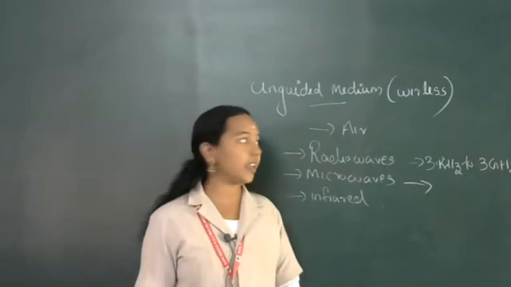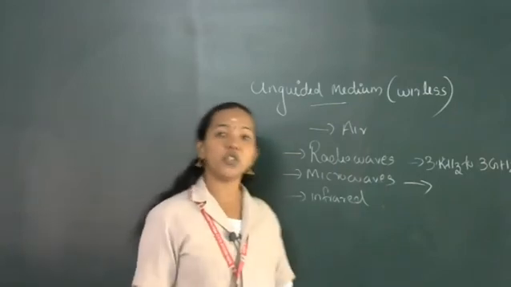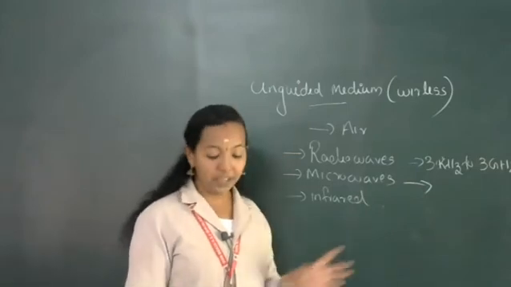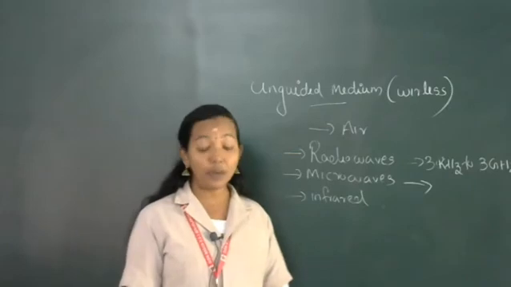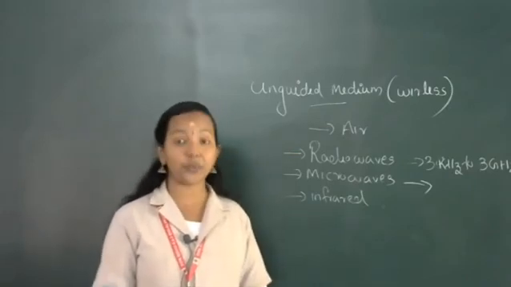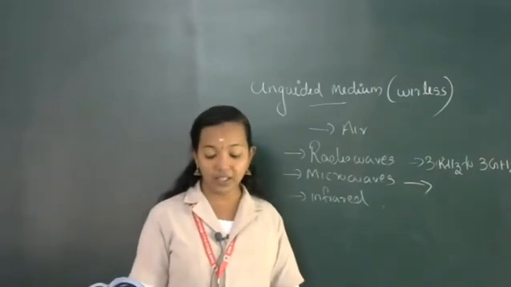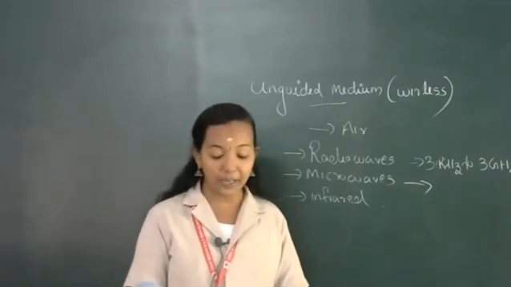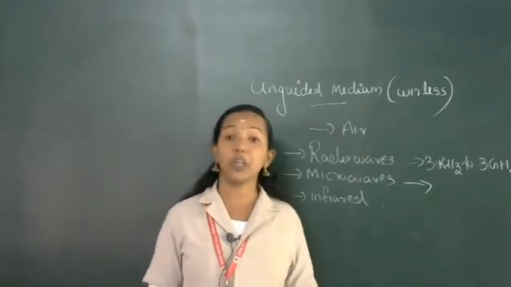Microwave frequency is 300 megahertz to 300 gigahertz. The line of sight between the antennas used for transmitting and receiving messages has to be aligned with each other. The distance between two microwave towers depends on many factors, including the frequency level.